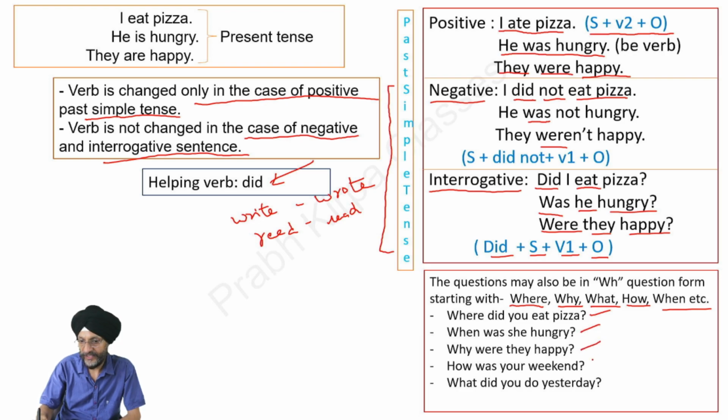Why were they happy? In this case, you will notice that why and where are the WH question forms, and then comes the be form of the verb. In the first sentence, we have used did. How was your weekend? What did you do yesterday?